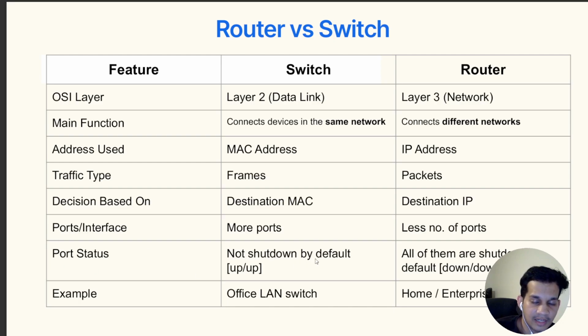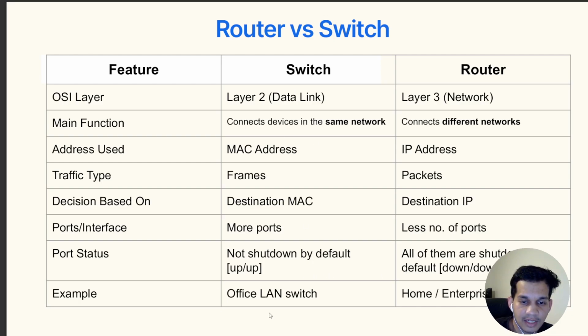On switches, by default all the ports are up. On a router, whereas, they are not; all the ports are shut down. You need to manually type the command no shutdown, and then the interfaces go up. You can watch my video on IPv4 part 3, in which I showed the Cisco configuration on Cisco Packet Tracer, so you can understand this concept from that.